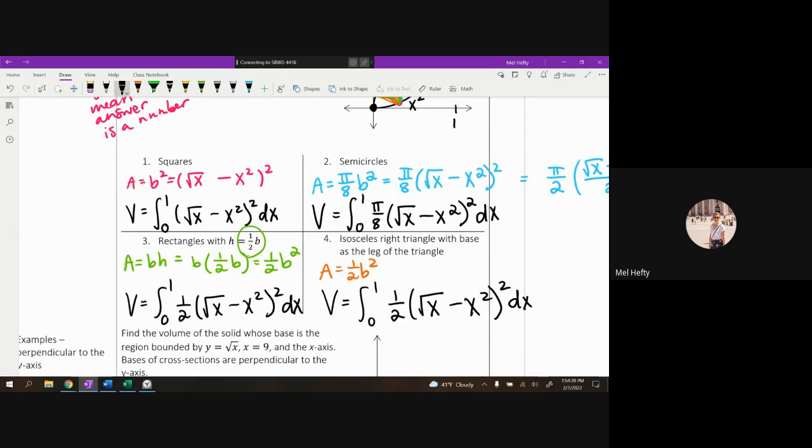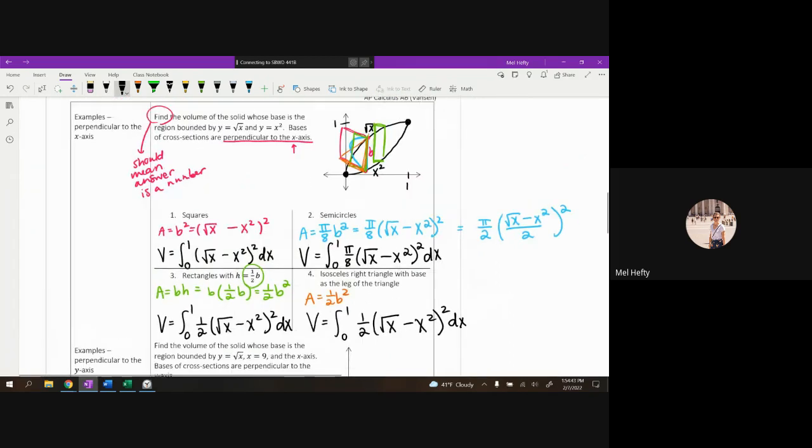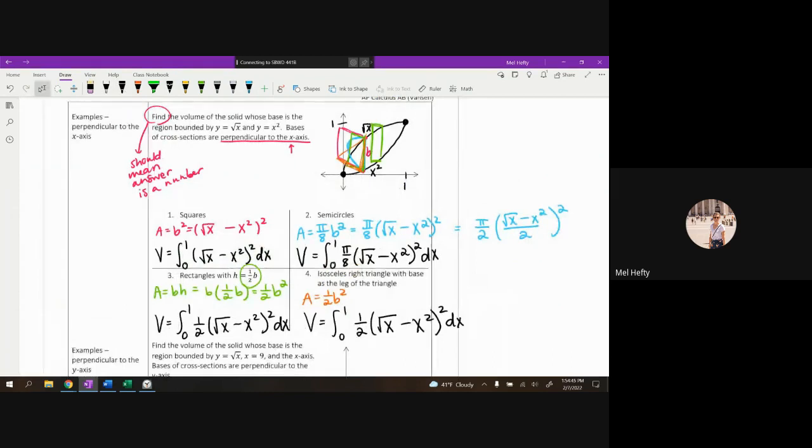Now, Hannah asked a really good question, like, is it always going to be like this? So normally you're going to be asked to do one region in the plane with one shape. What I wanted to illustrate here is mostly that the shape doesn't really cause too much of an issue. That's really giving you a constant. The big decision-making process has all to do with that region.